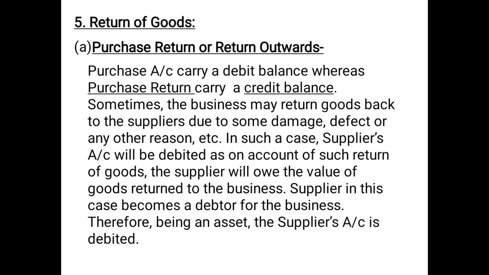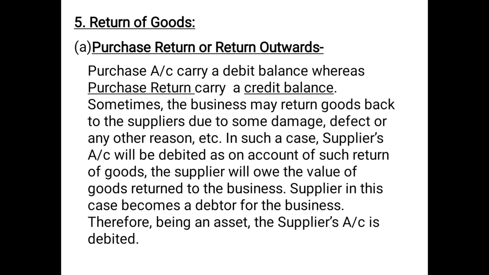So in that case, we assume that the supplier doesn't give the money immediately. He will be giving the money, he will be clearing after inspecting the goods. So in that case, supplier becomes a debtor for the business, because now the business has to receive back the money from the supplier. The supplier becomes a debtor for the business, and as we have already discussed, debtor is an asset and asset carries a debit balance.